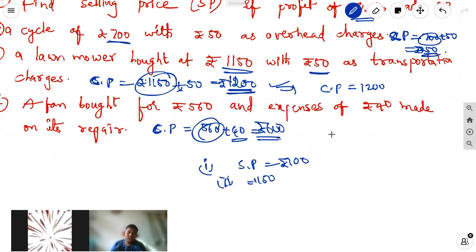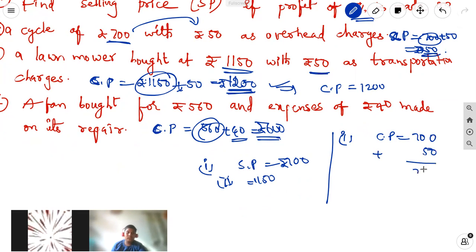If we buy a cycle somewhere else, put in a repair of 50 rupees and then want to sell it, in that case the cost price is 700 rupees, and putting in effort is the extra charge of 50 rupees. Then if we want to sell it, this is the selling price.